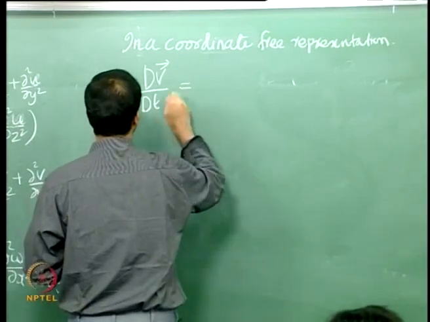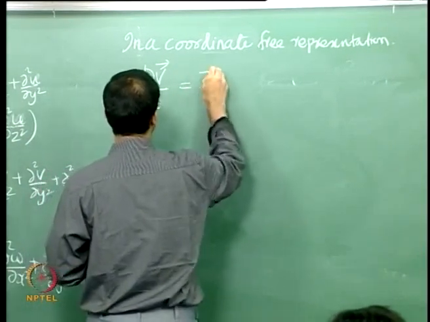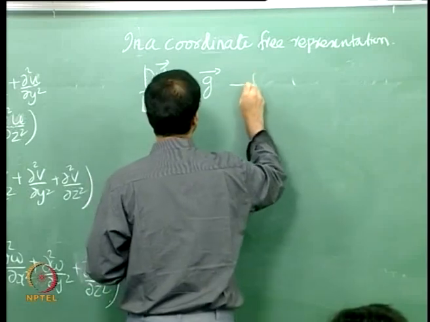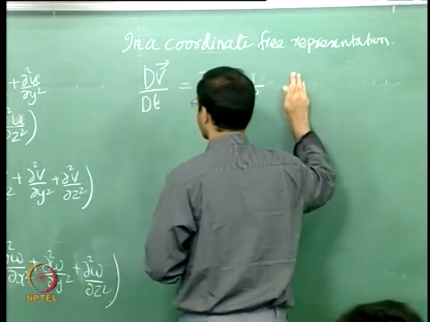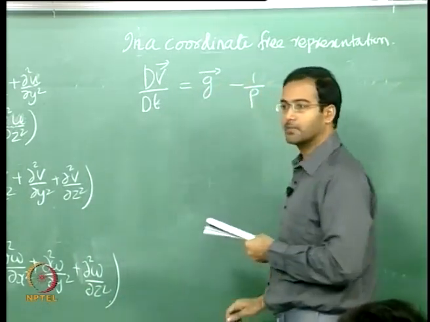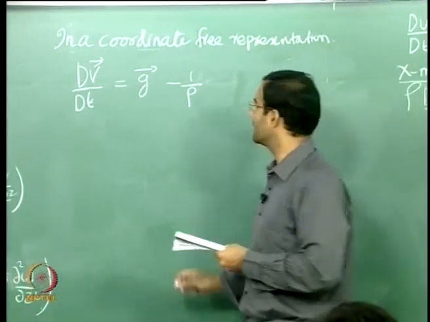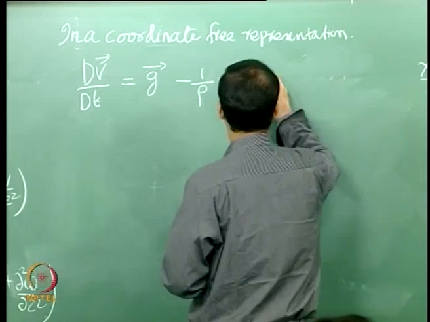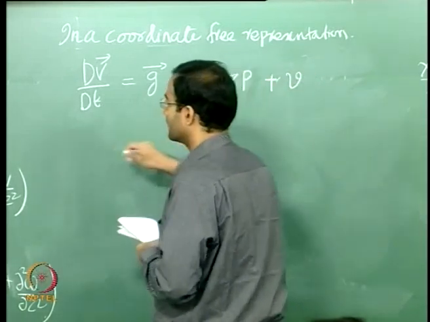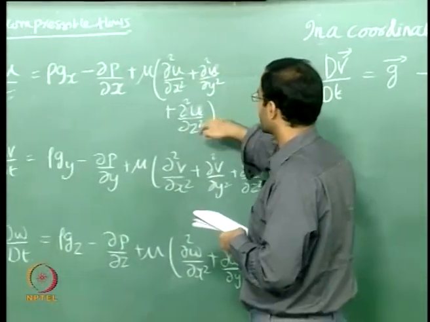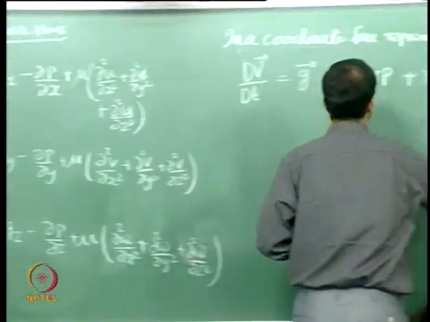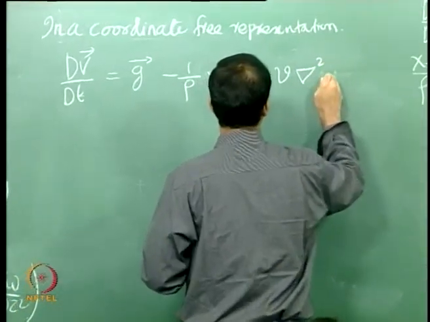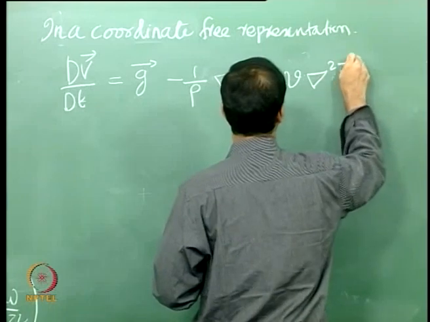That should be equal to, I am dividing throughout by rho, so that will be g vector minus 1 by rho into, how can I write the pressure gradient, del p, and the term here d square u by dx square and so on and so forth, this is nothing but the Laplacian operator del square and the corresponding V vector.